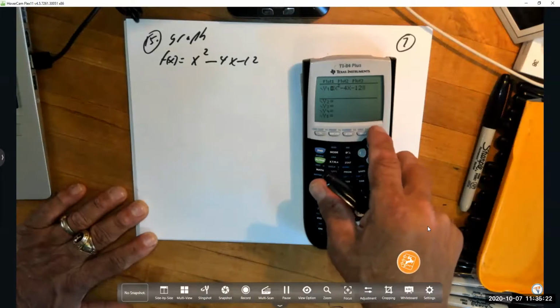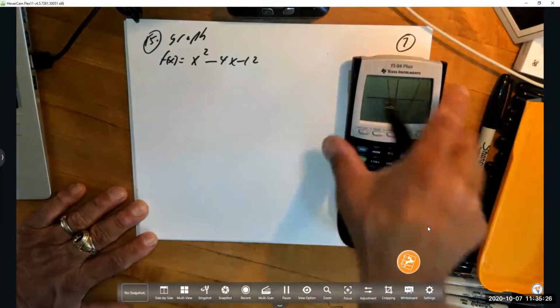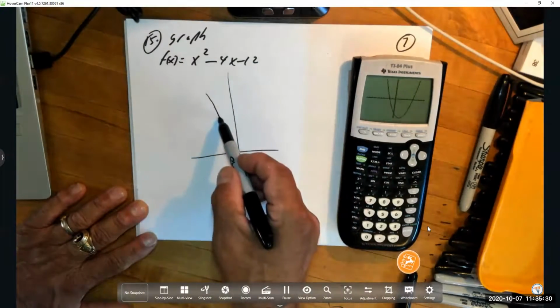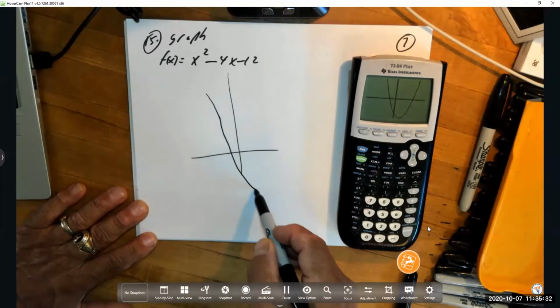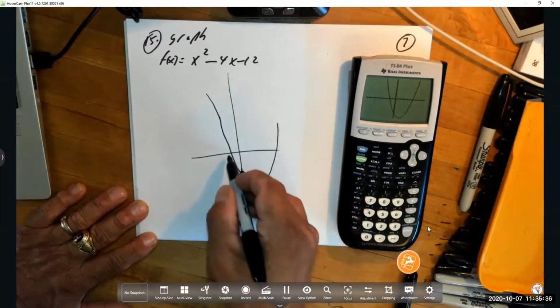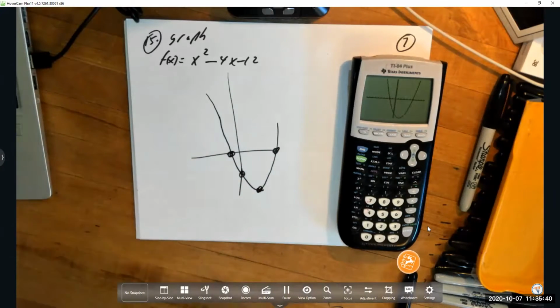Okay, I'm going to hit graph. Okay, I'll show you what I got. It goes down here. Put this back up. It hits right there, right there, right there, and right there. So I got something like that. Did y'all get that for number 15? Yes or no?